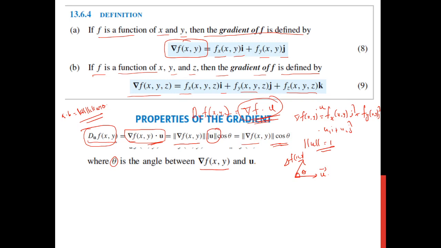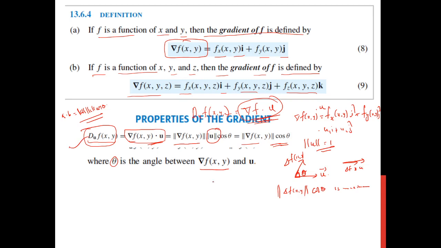When is this quantity, norm del f(x, y) cos theta, maximum? When theta is equal to 0. That means del f and u are in the same direction, and then the directional derivative has its maximum value.